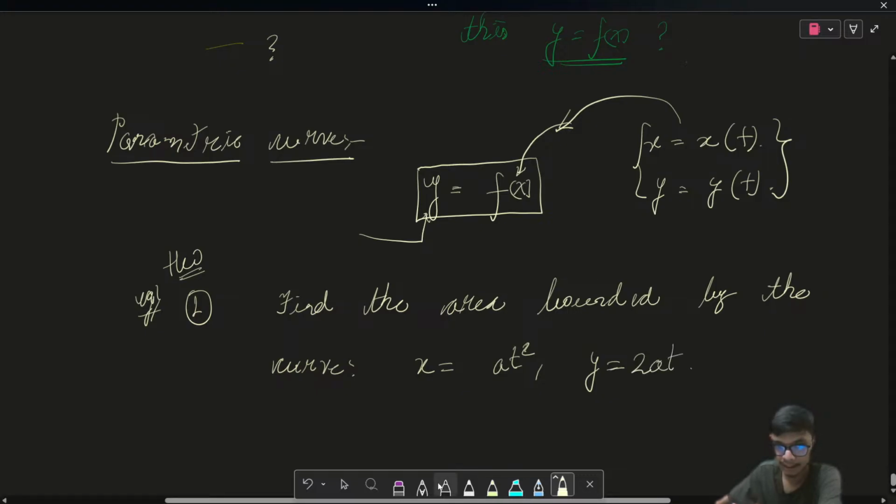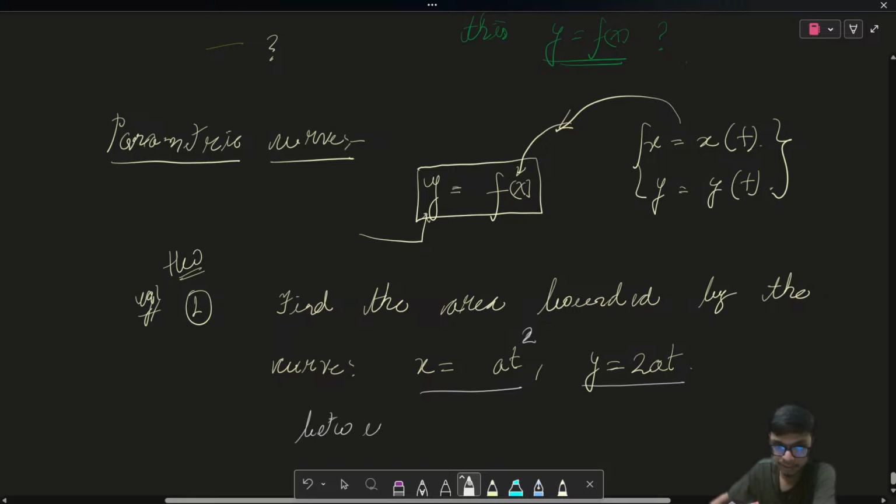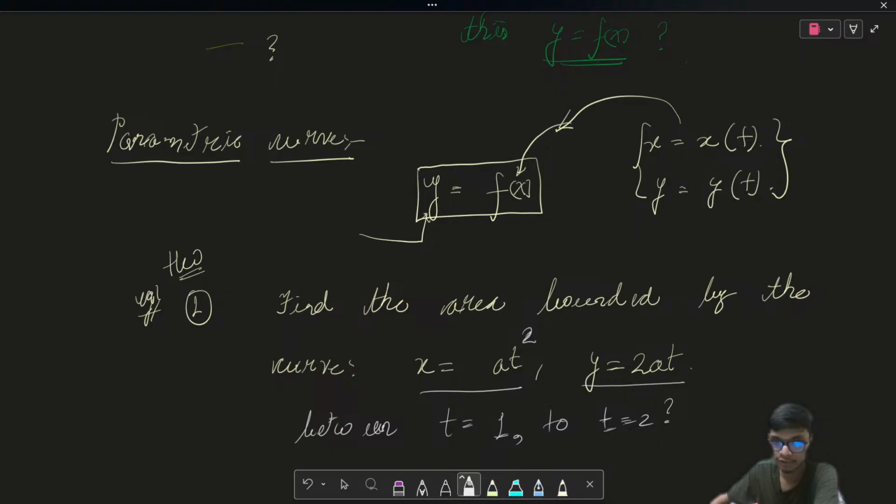Okay, find the area bounded by this curve, x equals 2at squared and y equals 2at, right? From here, eliminate the parameter t and then you get the equation in x and y, right? That's the simplest thing. And you have to find this area. Since the parameter is t, the area is from t equal to 1 to t equal to 2.